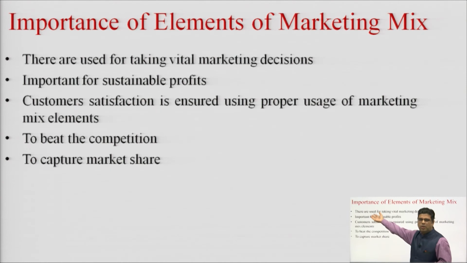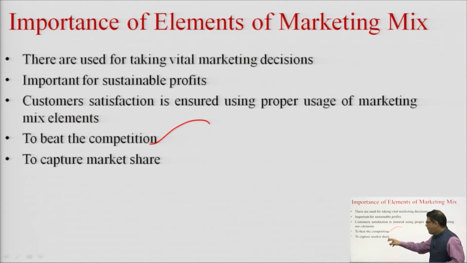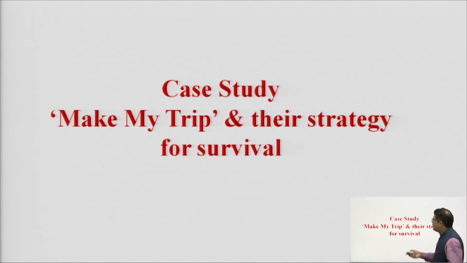If the company takes wrong decisions, the profits go down. Customer satisfaction is ensured using these elements, and these elements are used for beating the competition. For example, Jio: low prices, better service, and the competition is beaten. And to capture market share. So, if you are offering a better product for a low price, it is very likely that your market share is going to increase.